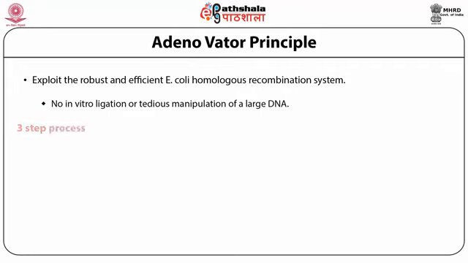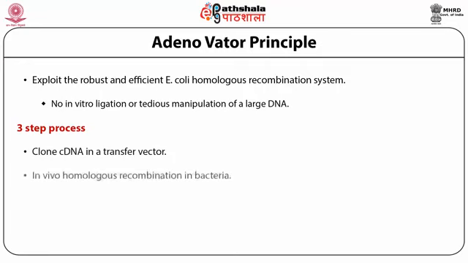Basically, this is a three-step process. We clone the cDNA in a transfer vector, then in vivo homologous recombination takes place in bacteria, and finally the virus production is done using cell line 293, which is commercially available from ATCC.